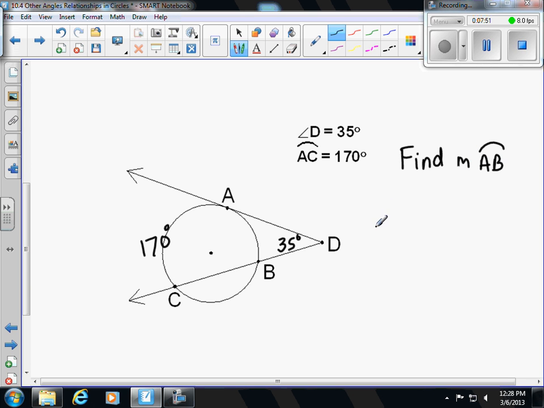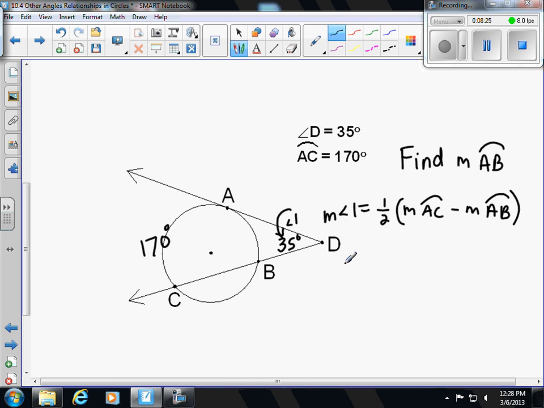Well, we know our formula for finding the measure of an angle when the vertex is outside the circle. In this case, let's say it's angle 1. Let's call 35 degrees angle 1. So the measure of angle 1 would be equal to 1/2 times the measure of arc AC minus the measure of arc AB.